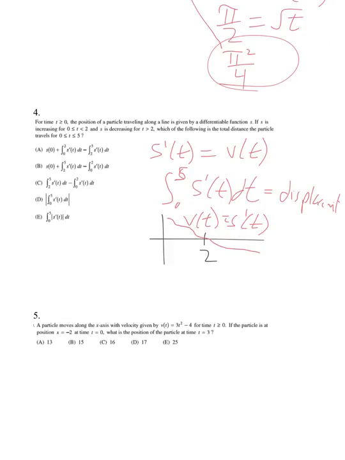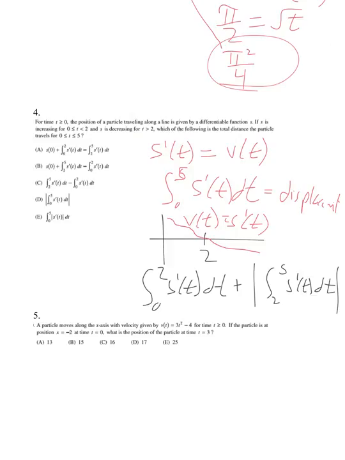So I could say, all right, well, it's the integral, and I haven't really looked at the multiple choices yet, and that's okay. I'm kind of taking a broader review here. It's just the regular integral from 0 to 2 of s prime of t plus the absolute value of the integral from 2 to 5 of s prime of t dt.